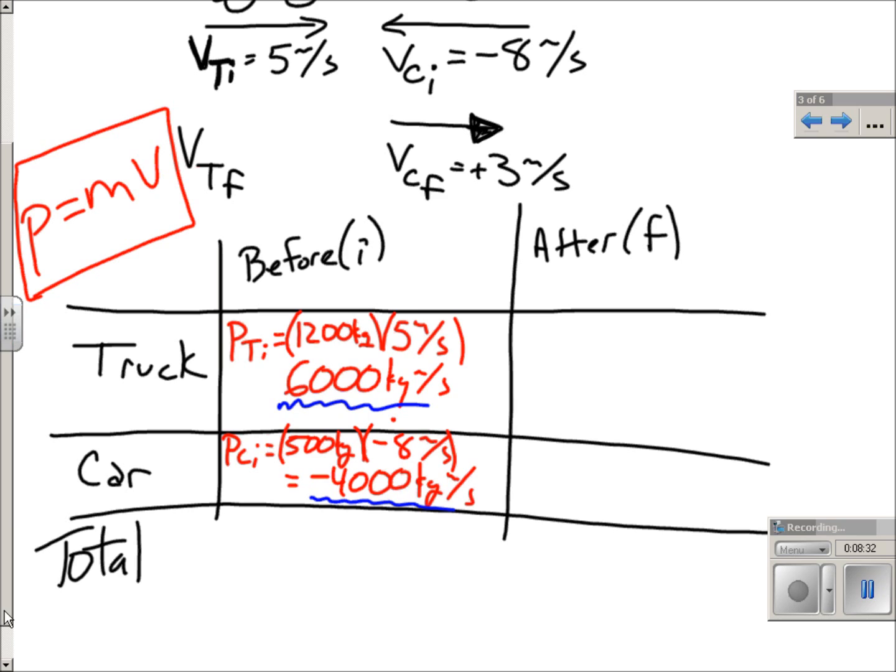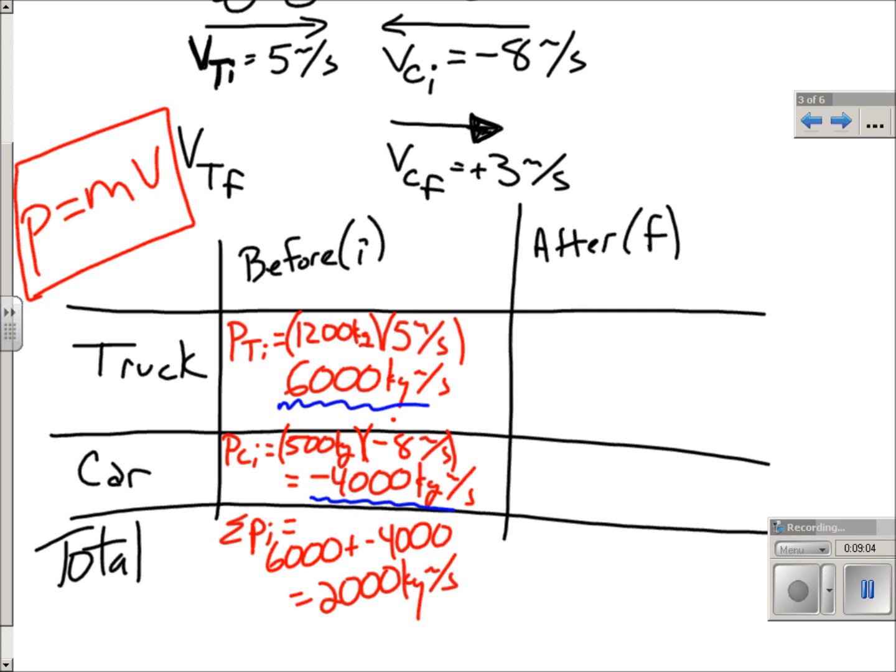So our total momentum initially is 6,000 from the truck plus -4,000 from the car, which gives us 2,000 kilogram meters per second. That's our total momentum before the collision. All right? So what conservation of momentum says is that our total after the collision also has to be 2,000. Okay? So let's see if we can figure this out.